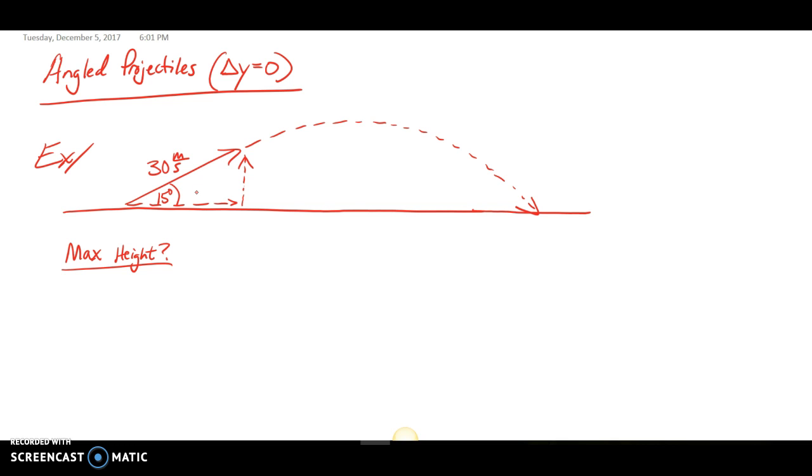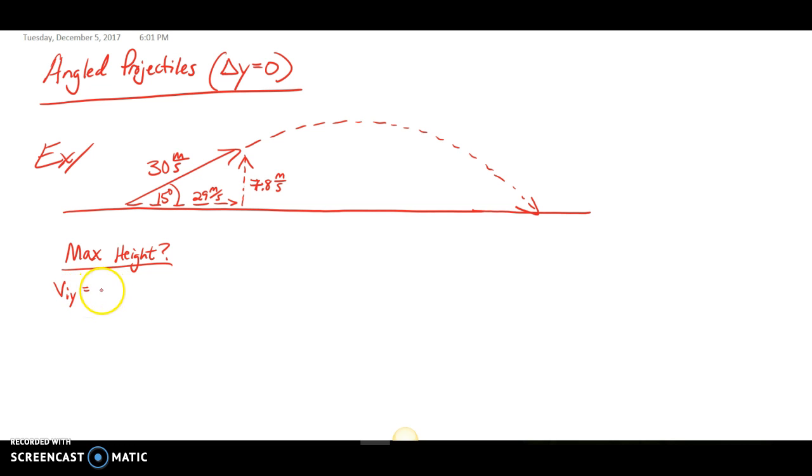So our x component, if you did 30 times cosine of 15, would be 29 meters per second. And our y component, if you did 30 times sine of 15, you get 7.8 meters per second.